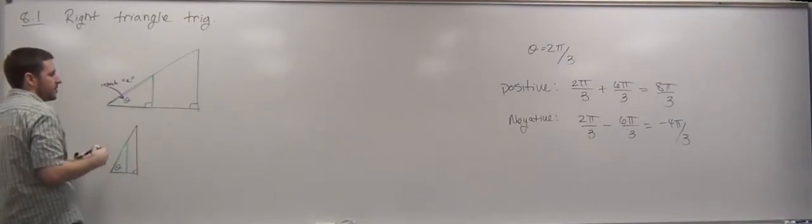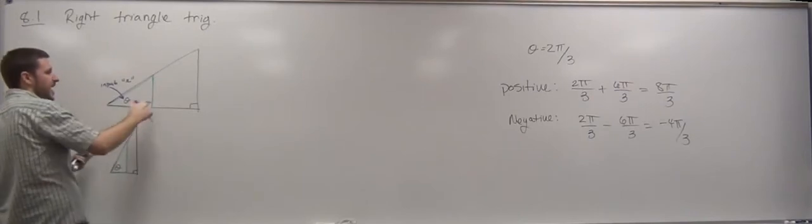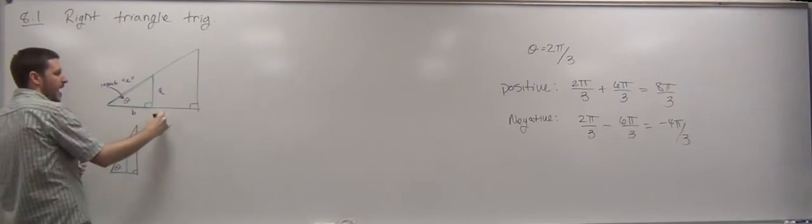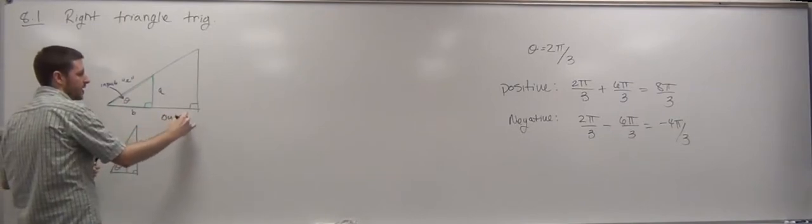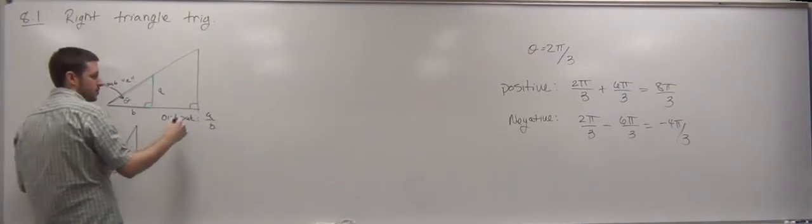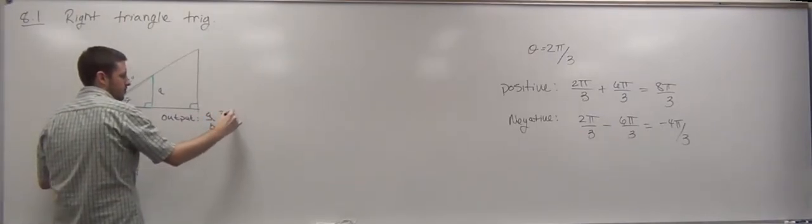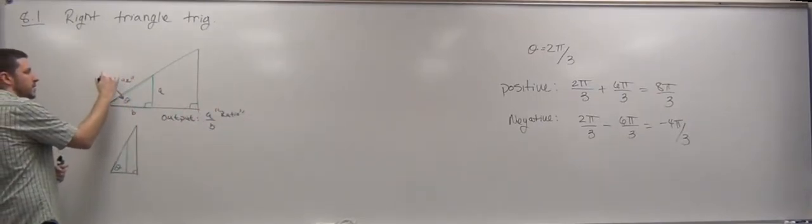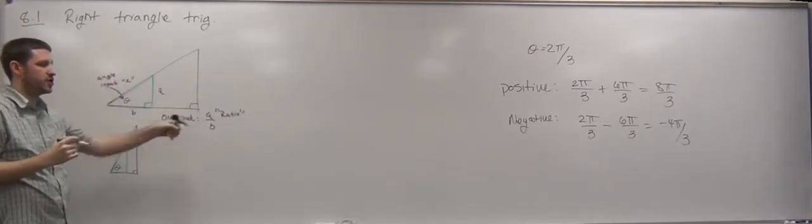Okay, so for example, if this side length here is A and this side length here is B, then an output of a trig function would be something like A over B. It's a ratio. So all trig functions have an angle for input and a ratio for output.